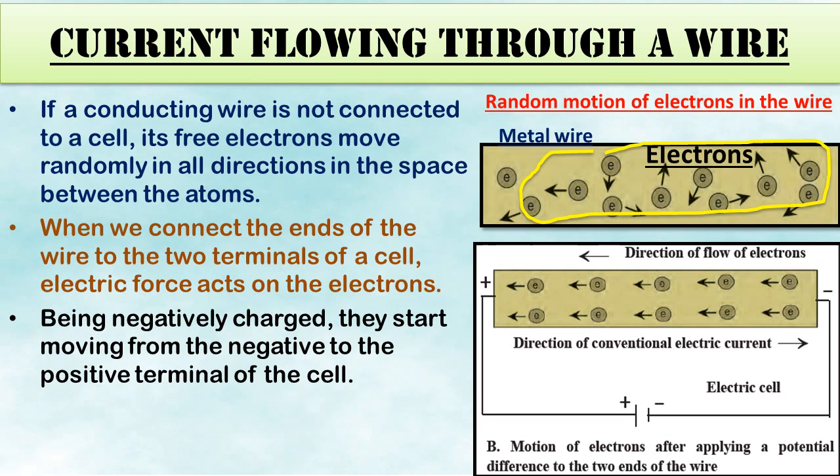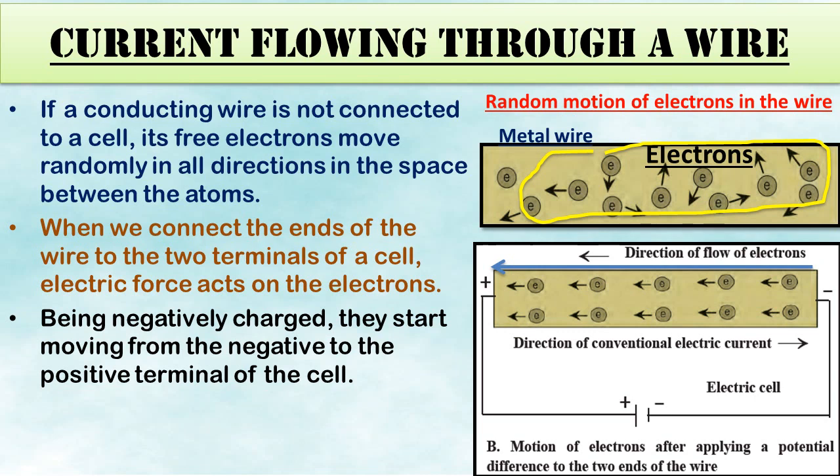That means they start moving from the negative terminal, which is at lower potential, to the higher potential, which is the positive terminal of the cell. You can see in the diagram also, they start moving from negative to positive. Why positive? Because the positive terminal is at a higher potential, where there is electron deficiency, or where there are fewer electrons.